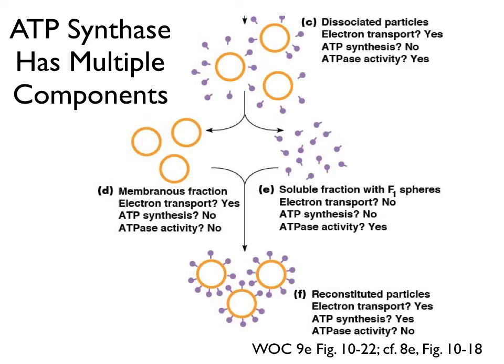Conversely, the lollipops alone can't do electron transport. That's shown on the right. They can't do ATP synthesis either, and the reason for that is that now, electron transport and the proton gradient that's produced as a result is not coupled to ATP synthesis. Conversely, the lollipops can, if given ATP, hydrolyze it to ADP and inorganic phosphate. That's because they carry the enzymatic activity that's normally associated with ATP synthesis.